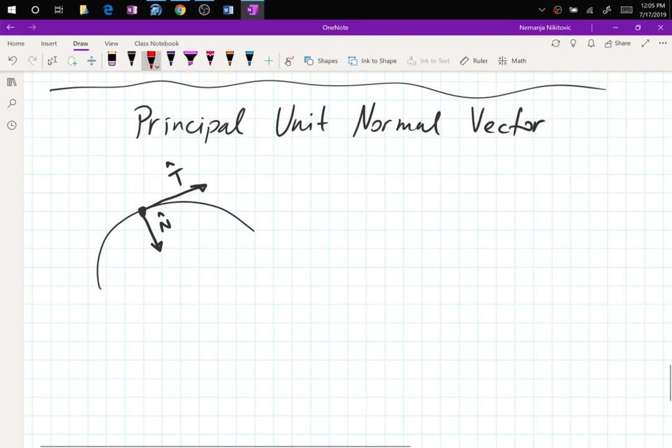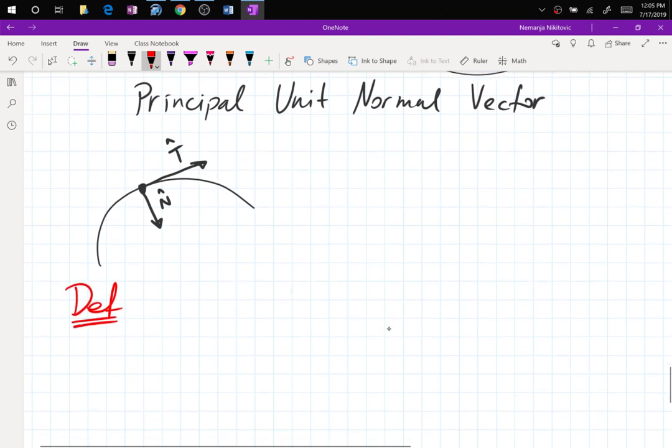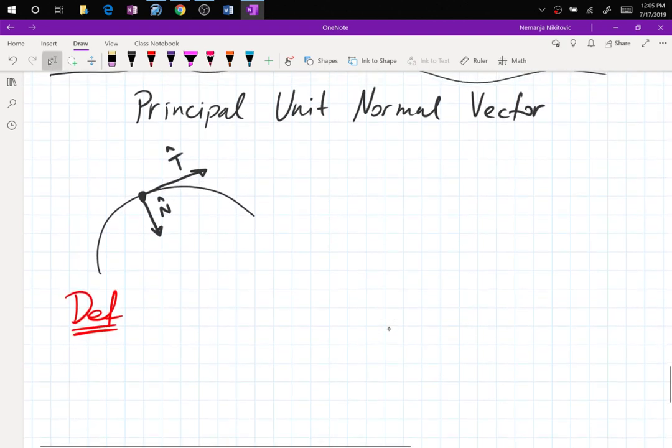So let's talk about the definition, and then we are going to have the same deal as earlier. The definition is one formula, and then to compute there will be a formula with respect to the parameter.